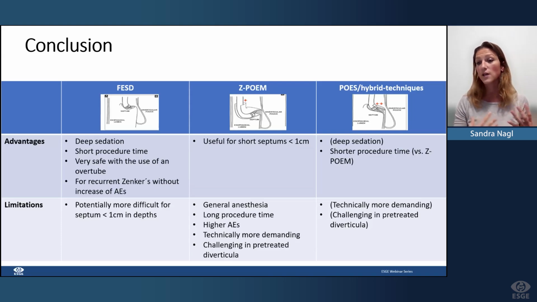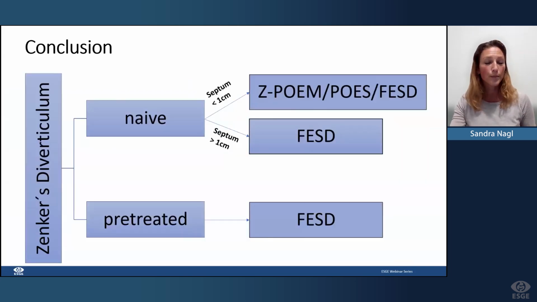And then we have these hybrid techniques, which combine the benefits of both procedures and try to overcome the limitations of both procedures. So potentially we can perform them in deep sedation. They have shorter procedure time when compared to SEPTOM, but maybe they are still technically more demanding compared to flexible endoscopic septotomy, but maybe less than SEPTOM.